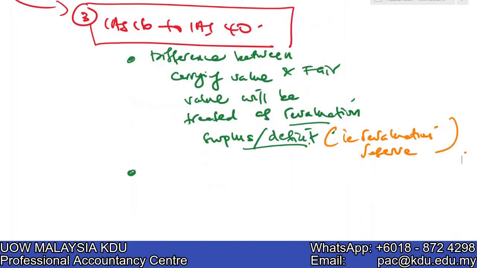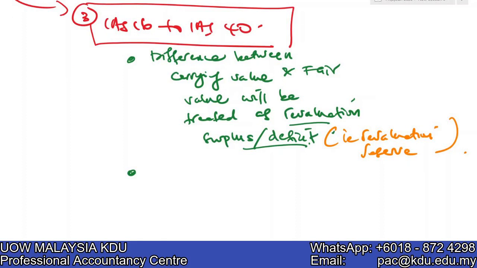Now, when it becomes investment property, at every year end, it should be measured at what value? Investment property always at every year end at fair value. So next year, will there be changes in the fair value? Yes, every year end, it should be at fair value. So bound to have differences, isn't it? So then the next year, changes in fair value are recognized in the P&L, isn't it?